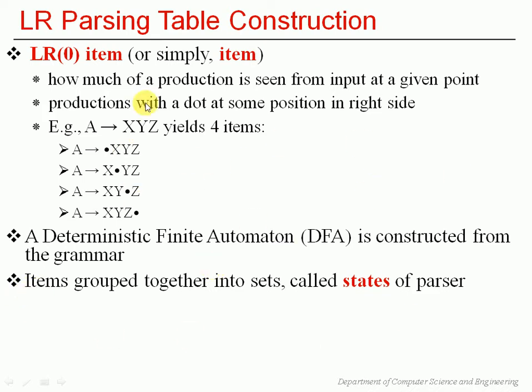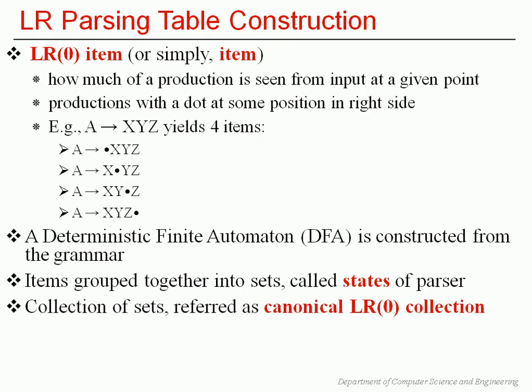You have productions and the items associated with those productions, and those items can be grouped together in a particular manner into different sets, and those sets are the states of this particular DFA. These states can be formed by grouping together those items with respect to productions.